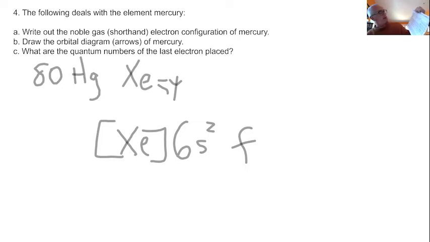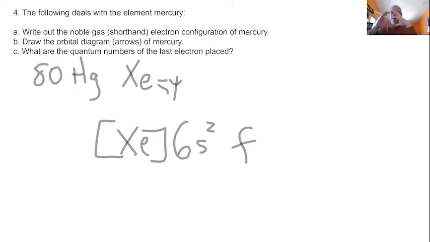4F, I believe. It's the first F we see. So this is the first F block. When's the very first shell where we start to see F orbitals? If it's the first F block, it's the very first time an F orbital appears.